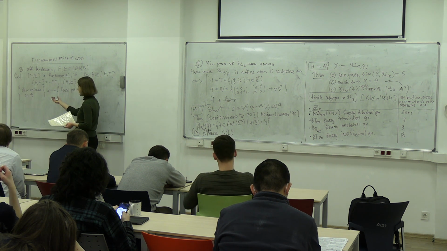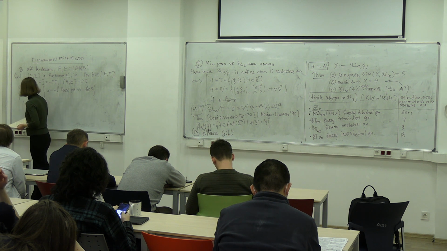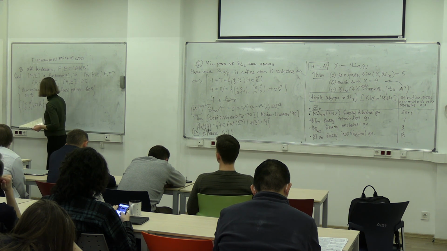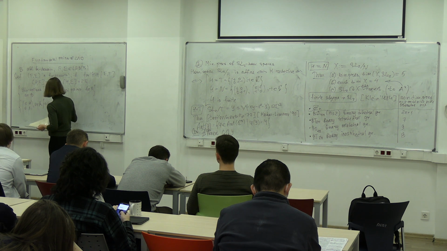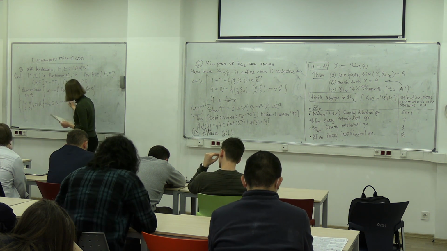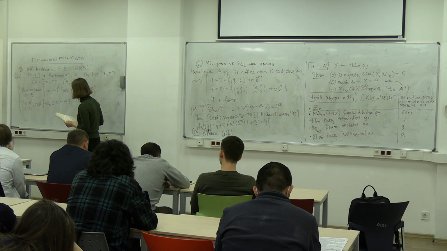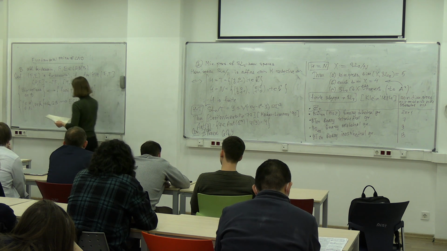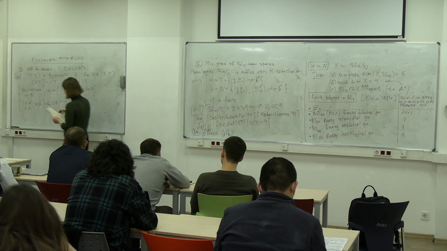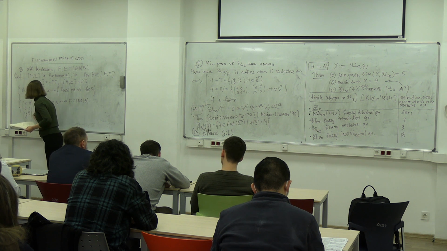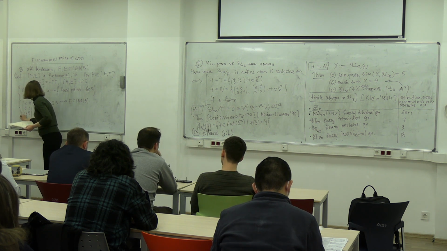If you have an SL2 action, you have an action of a one-dimensional unipotent subgroup. It is isomorphic to GA, and it acts on B. So you have some LND, and it is, if I'm not mistaken, E. You take lower triangular matrices, and in the same way, you have another LND.